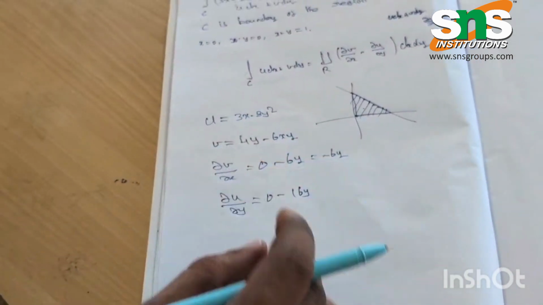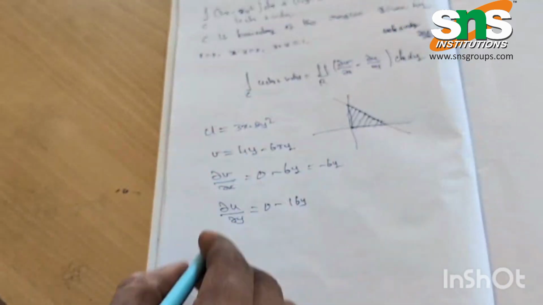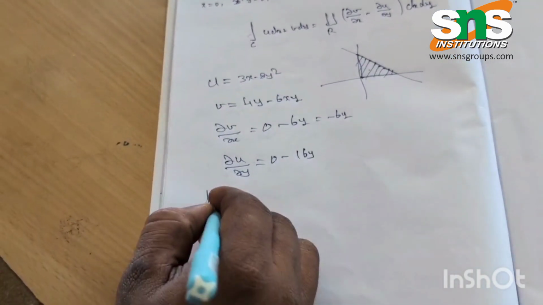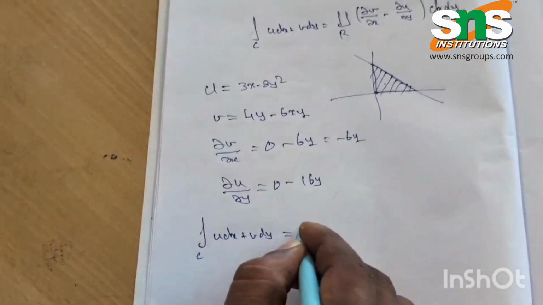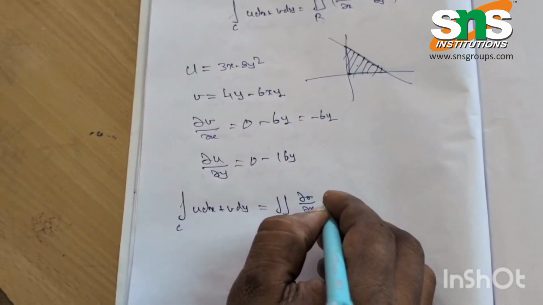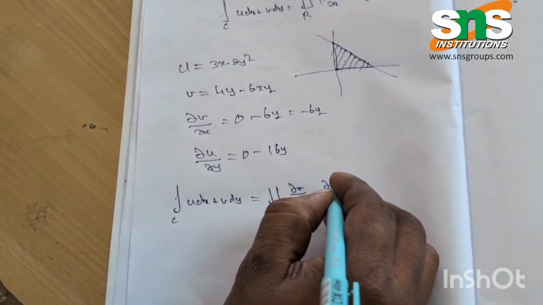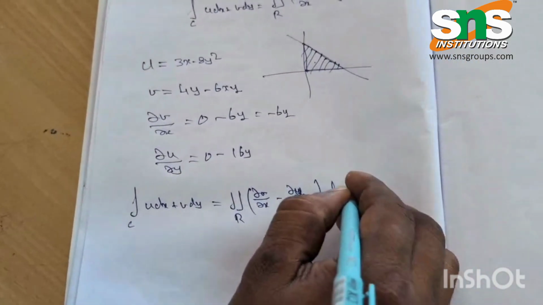Next we write the statement of Green's theorem: integral over C of u dx plus v dy is equal to the double integral over R of (∂v/∂x minus ∂u/∂y) dx dy.